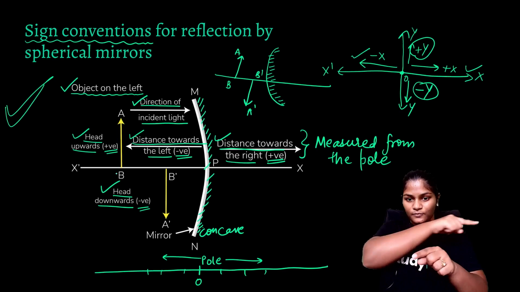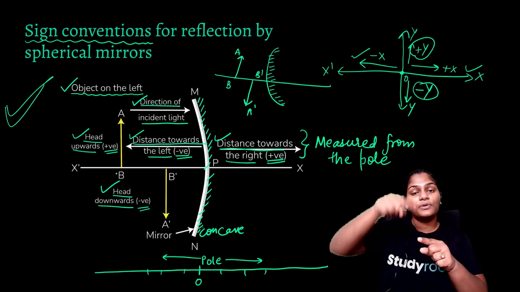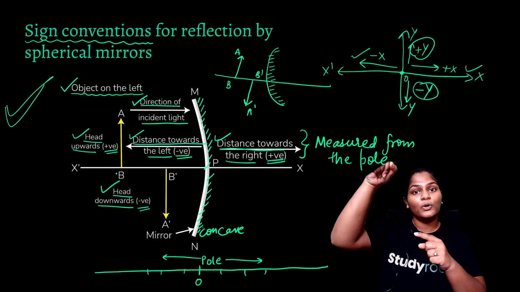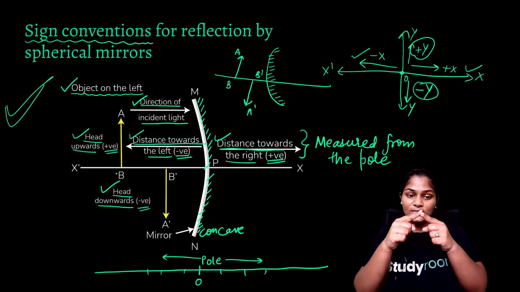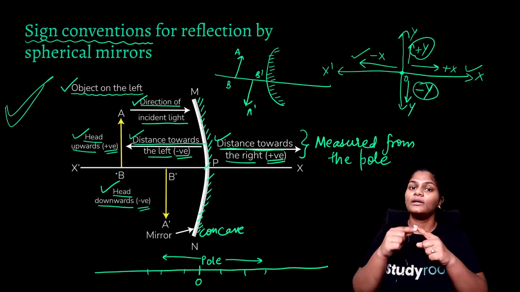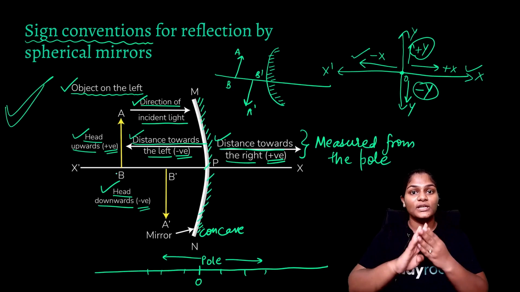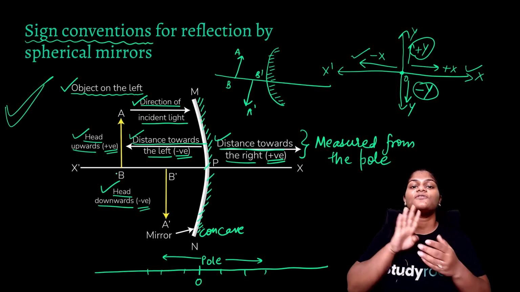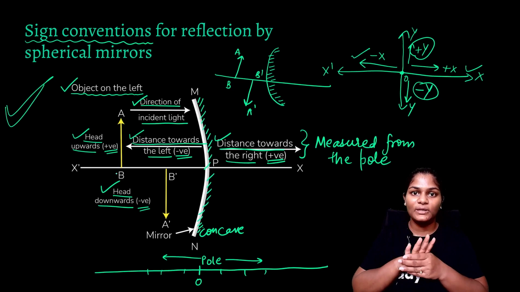Similarly, this was on the x-axis. Now, for the y-axis, all distances upwards from the pole are positive and all distances downwards from the pole are negative. So these four things, where positive and where negative, you have to remember and understand.